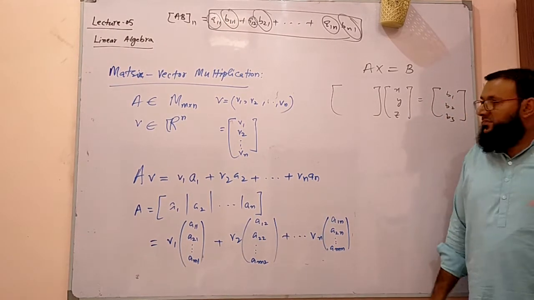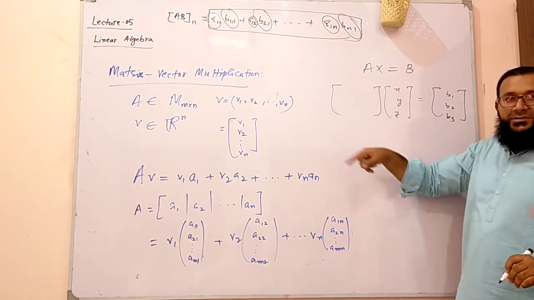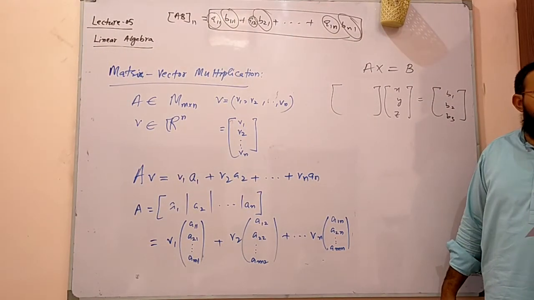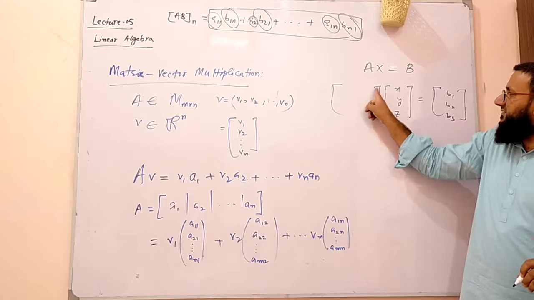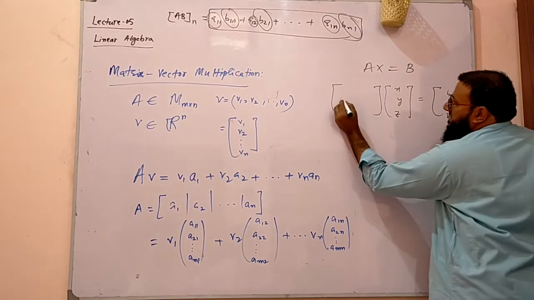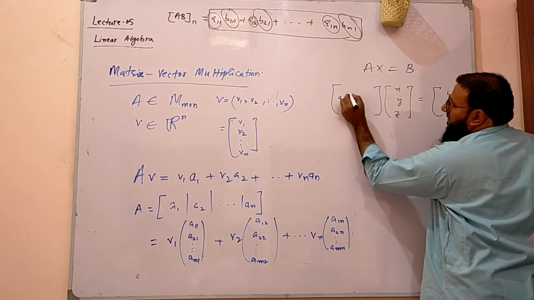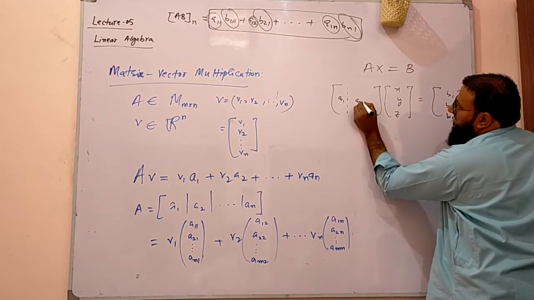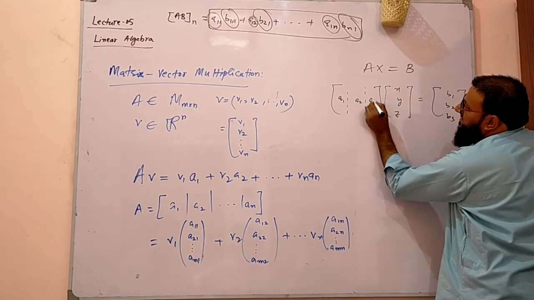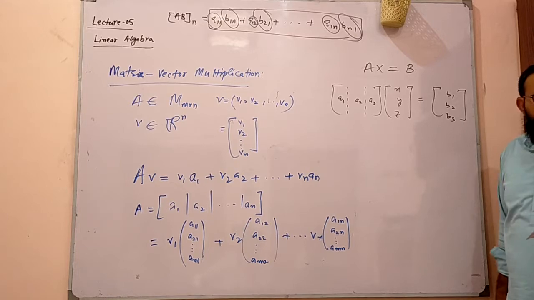If I am considering 3 by 3, there are 3 columns. I am not writing each and every entry; I am saying this is a column A1, this is a column A2, and this is a column A3.